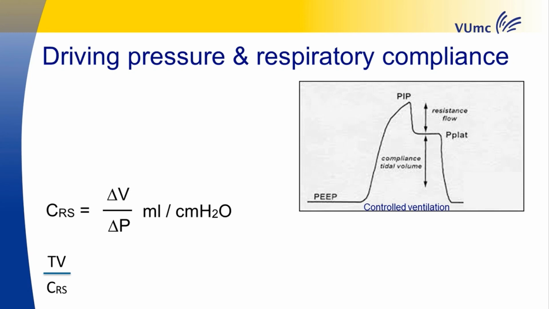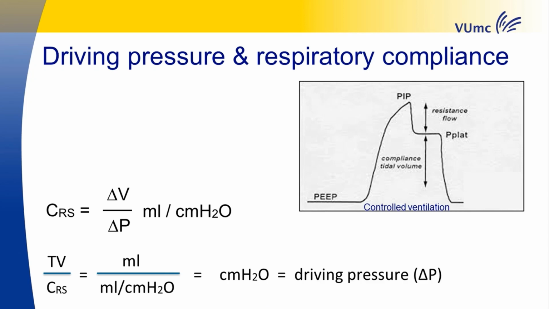You're never going to forget this anymore, right? Compliance. And the unit, of course, of tidal volume is ml, and of compliance is ml per centimeters of water. So the final unit is centimeters of water, and that's just driving pressure. It's as simple as that. It's tidal volume corrected for compliance, which gives you a pressure.